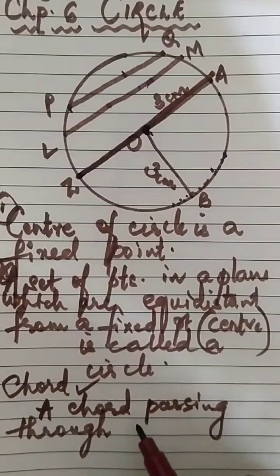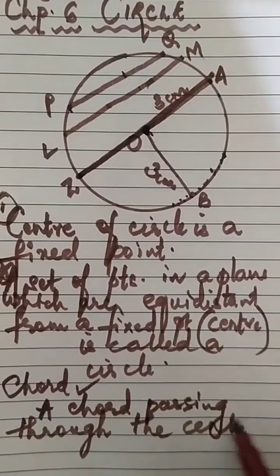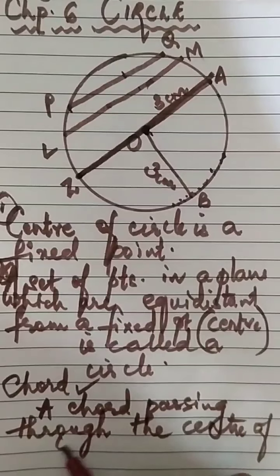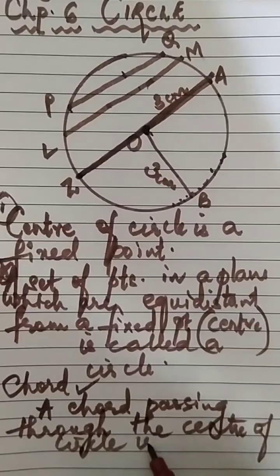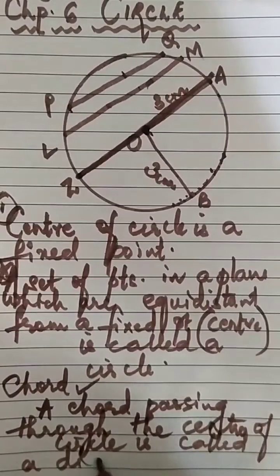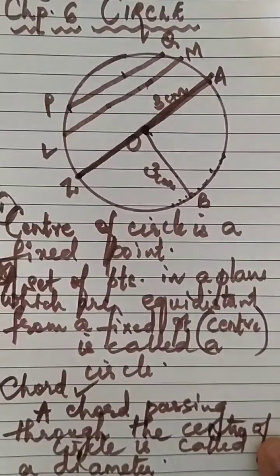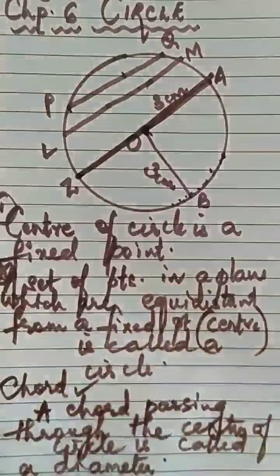A chord passing through the center of circle is called diameter. Okay, so please write these definitions in your book. These are the basic things about a circle.